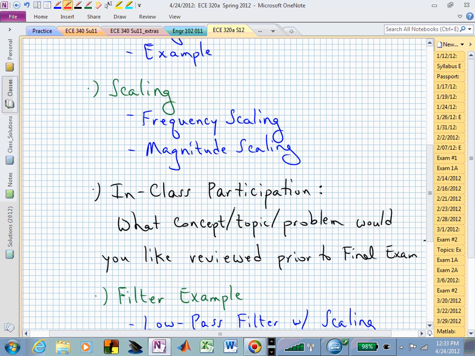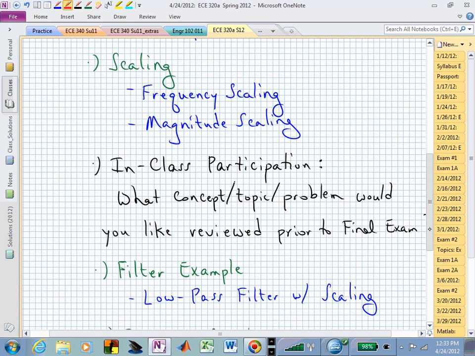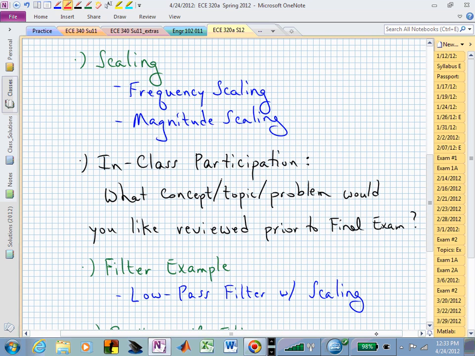Here's today's in-class participation, which pertains to reviewing for the final exam. I would like for you to write down on a piece of paper what concept or topic or problem you would like reviewed prior to the final exam. And I'm trying to figure out how I will do that. Maybe if there's a handful of topics that sort of rise to the top that people would like to see, maybe I'll make 5 little videos discussing those.